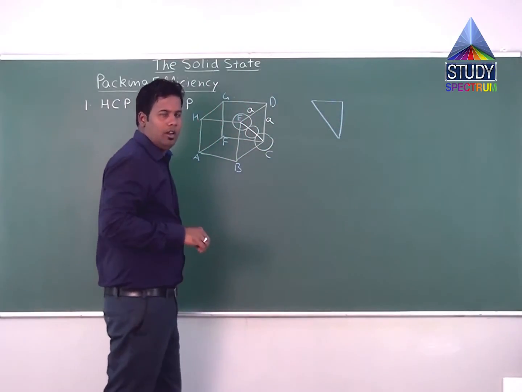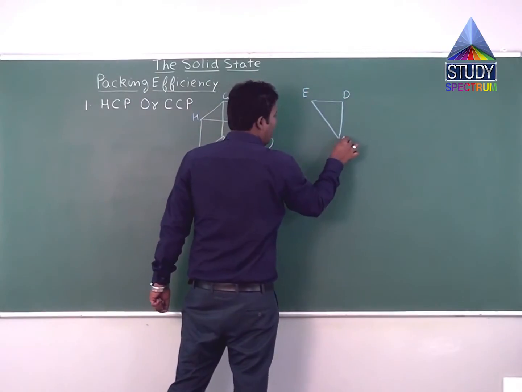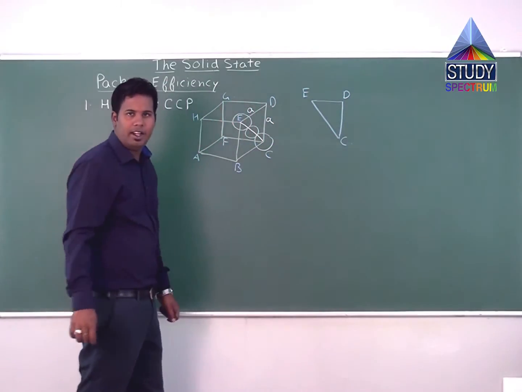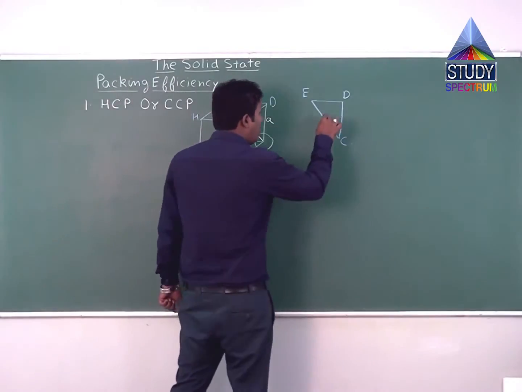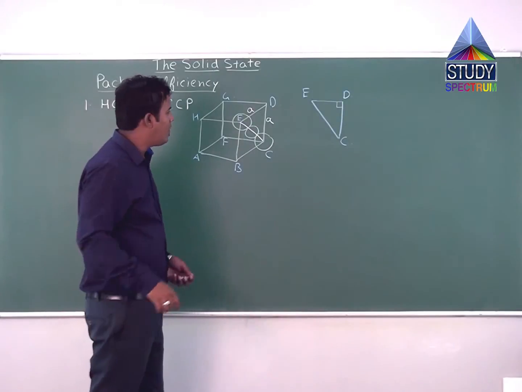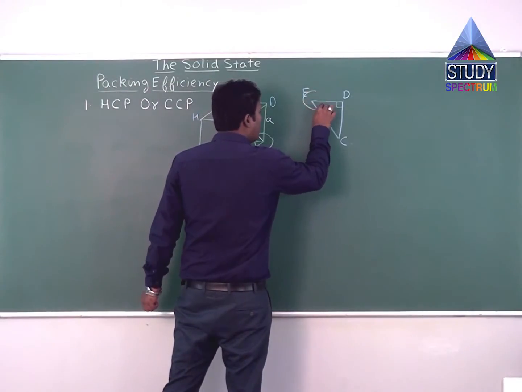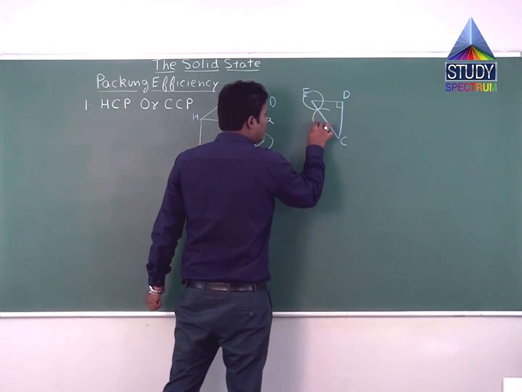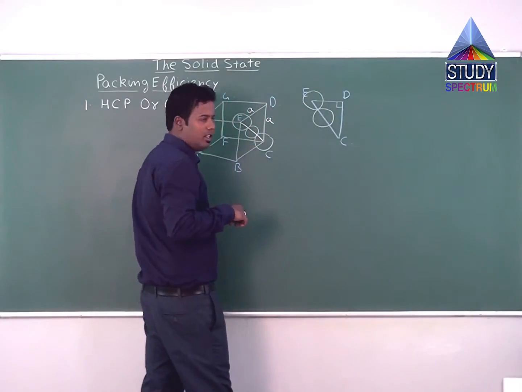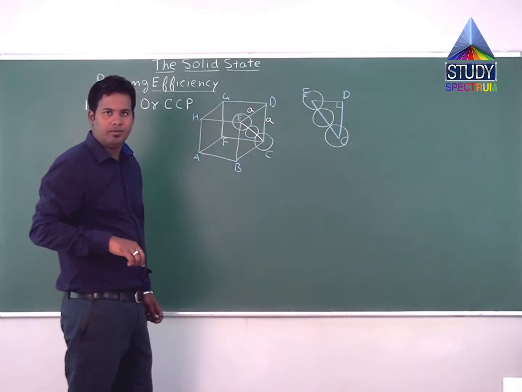This triangle EDC is a right angle triangle, with the right angle at D, 90 degrees at D, and the spheres are present at this corner E, at the center of this diagonal EC, and also at this corner C. Correct?